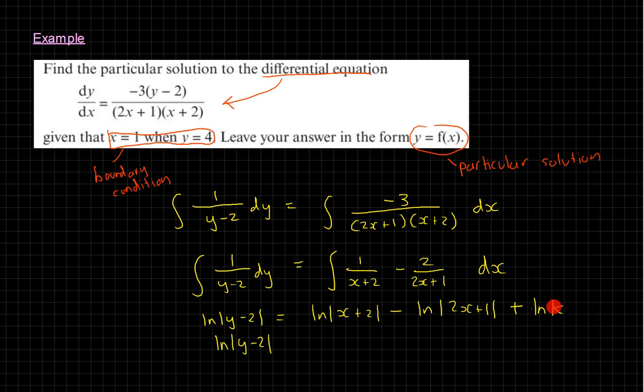The point is that this thing here is still just a constant, but I'm expressing it in the form of a logarithm with the express intent of then being able to combine it with these other terms more easily, which we can now do. So I'll have ln of x plus 2, and then we've got minus, so it's dividing by 2x plus 1, and then we've got a plus here, so we multiply by the k inside this ln, so I can put the k here.